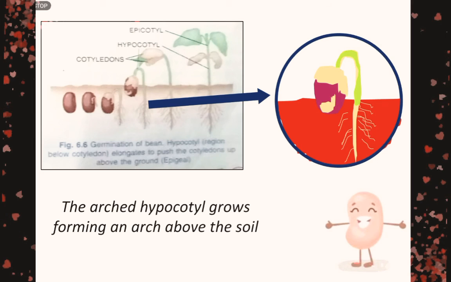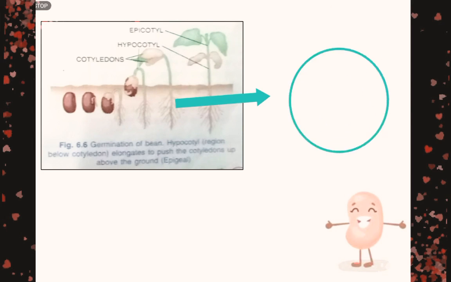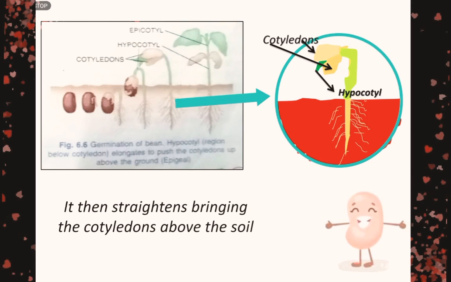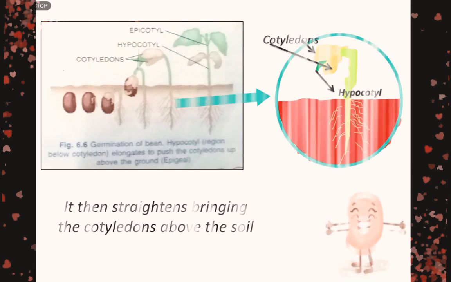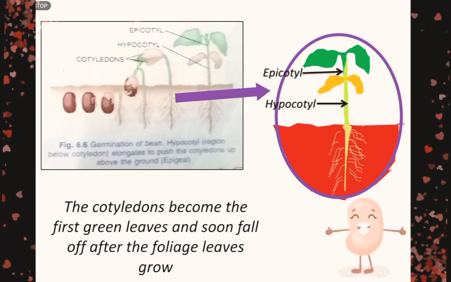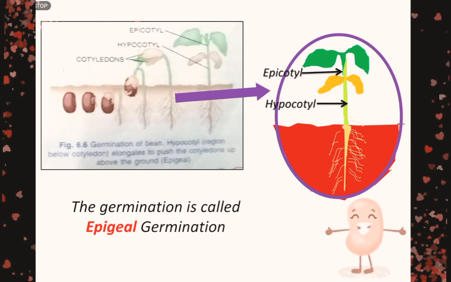The arched hypocotyl grows, forming an arc above the soil. It then straightens, bringing the cotyledons above the soil. The cotyledons become the first green leaves and soon fall off after the foliage leaves grow. This germination is called epigeal germination.